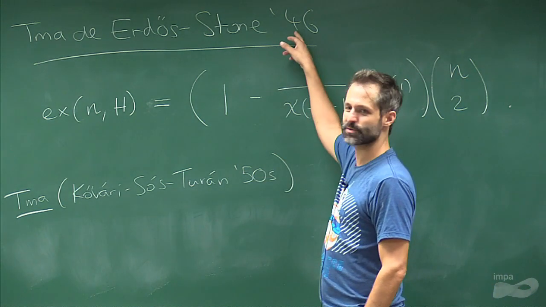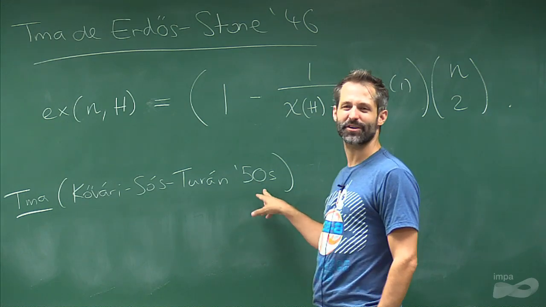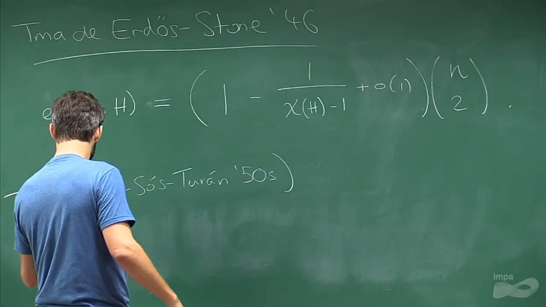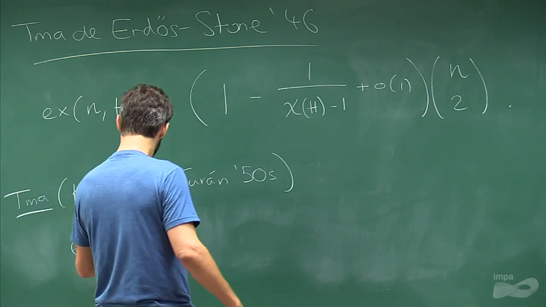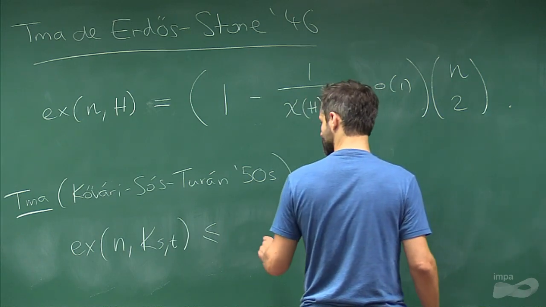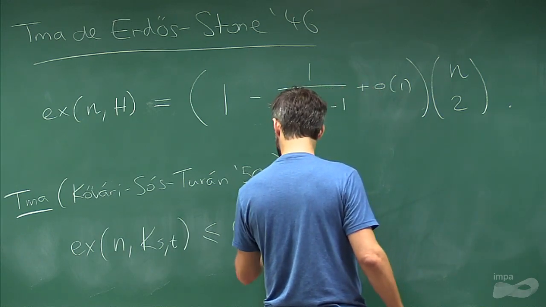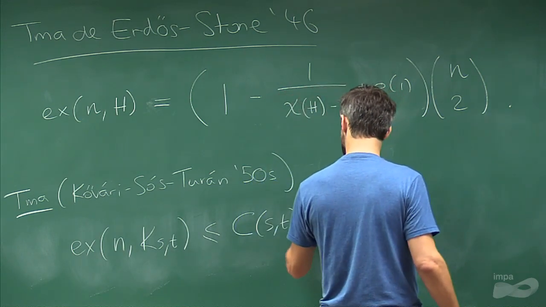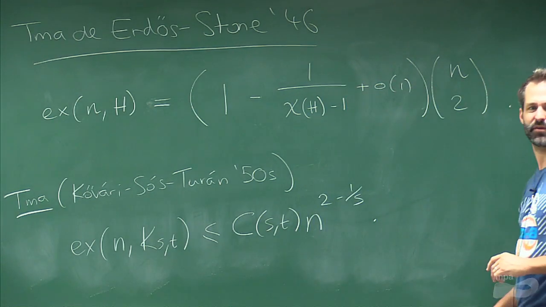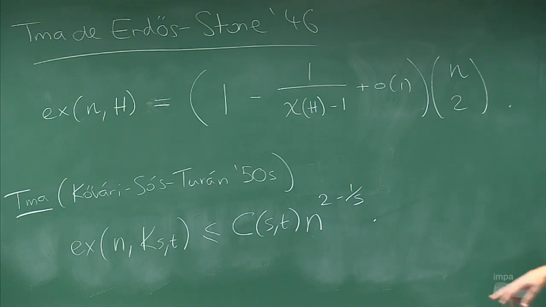This was done in the 50s and this was done in the 40s. But I think this was just published in the 50s. I think it was done earlier. But anyway, they proved that the extremal number of the complete bipartite graph K_{s,t} is at most some constant depending on s and t times n to the 2 minus 1 over s. Right? We proved this a week ago or so.